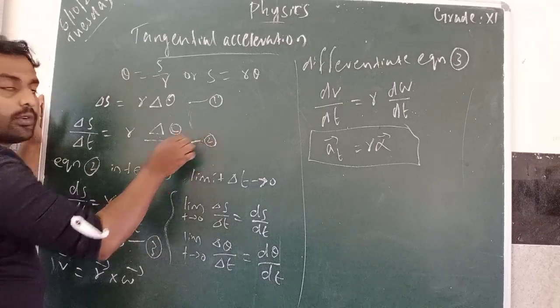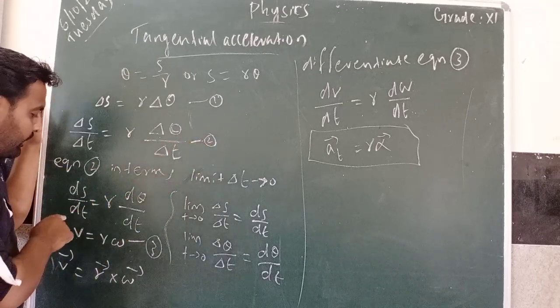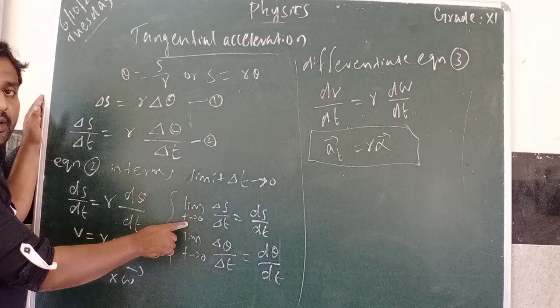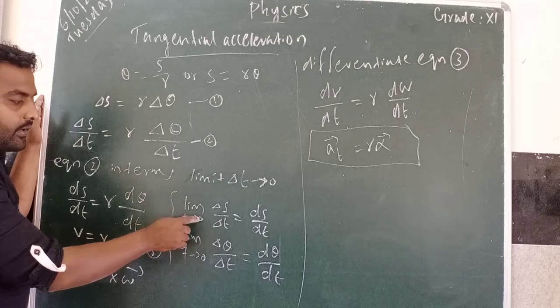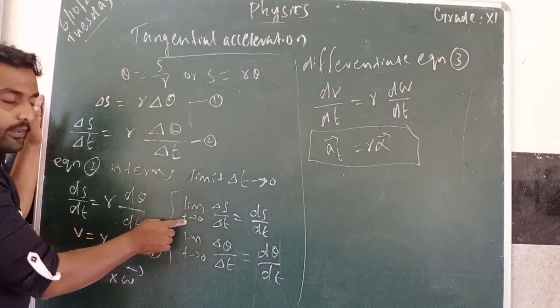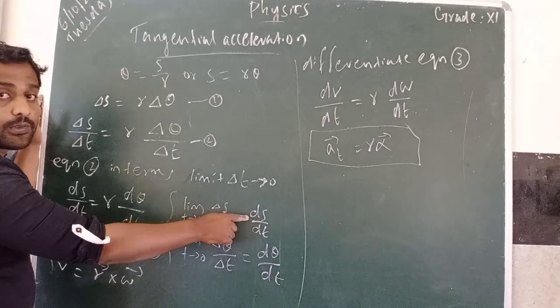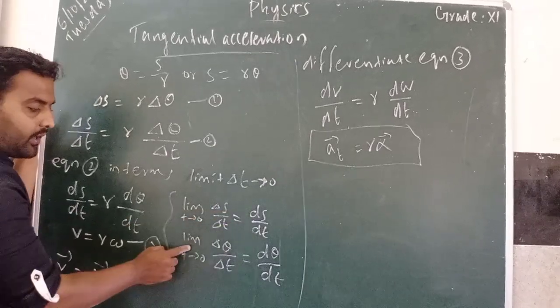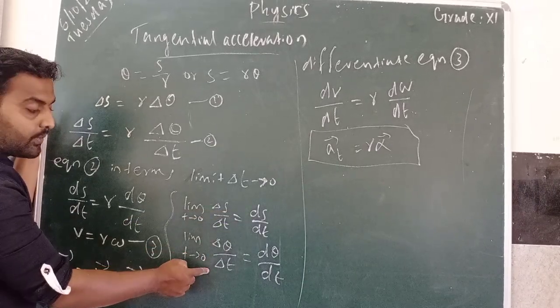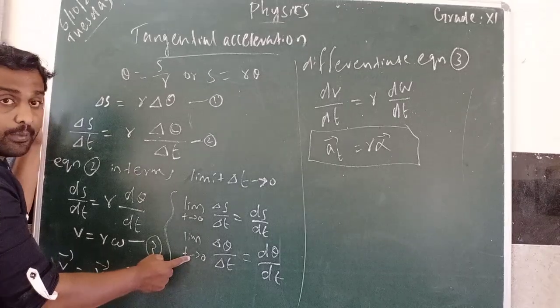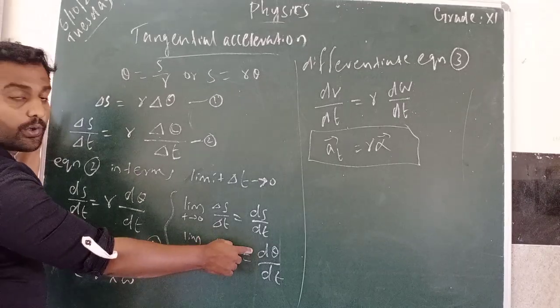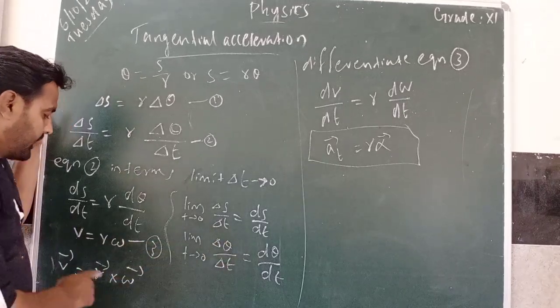Whenever you write delta S by delta T with limit, it changes to ds by dt. So here also delta theta by delta T with limit T tends to 0 becomes d theta by dt.